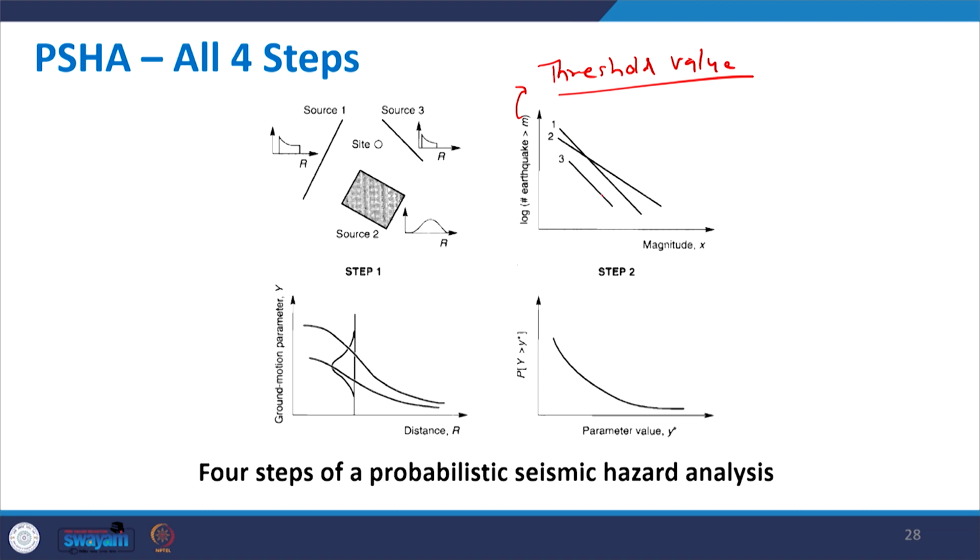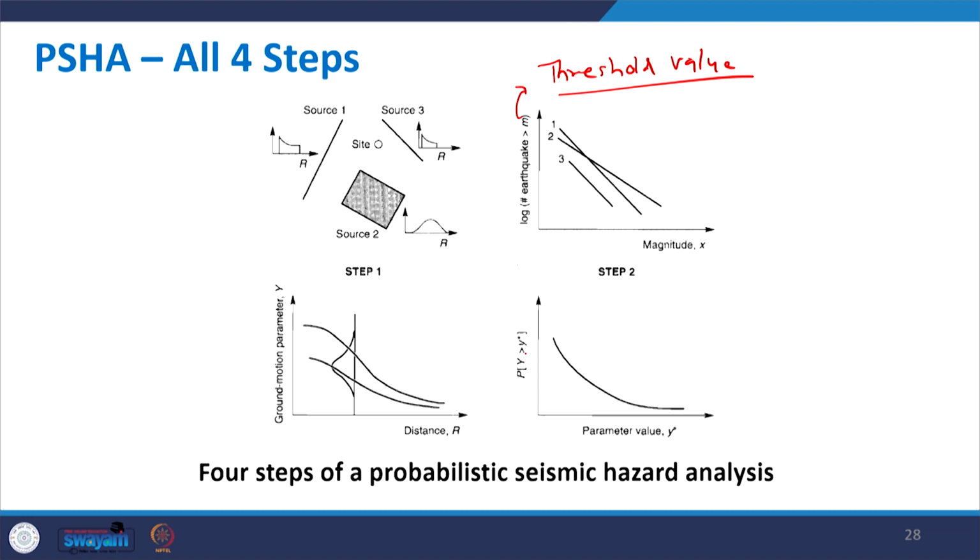Now, finally, in the third step, with the distance you have the ground motion parameter, and in this case you do not have points, rather you have curves, for example, 3 sources are there. So, you have 3 distributions here, 1, 2 and the third one is very different from the other 2, and finally you combine and find a parameter y, and in this case on the y axis you have the probability rather than the seismic parameter.